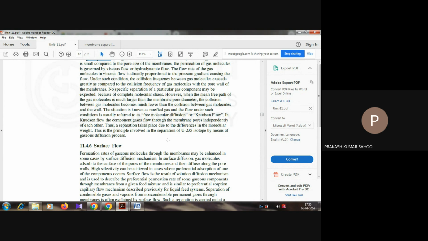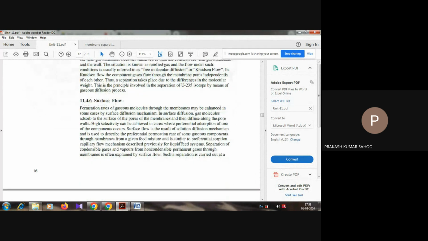The principle is involved in the separation of uranium-235 isotope by means of the gaseous diffusion process. So Knudsen flow is the separation of gases by using different membranes, and by this mechanism the gases are separated independently with respect to their molecular weights. An example is uranium-235 isotope separation by the gaseous diffusion process.